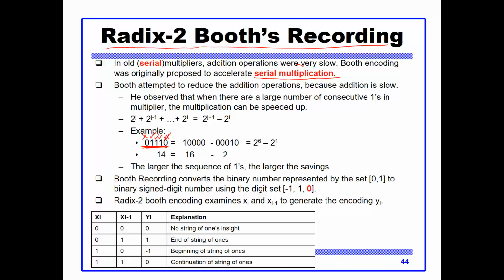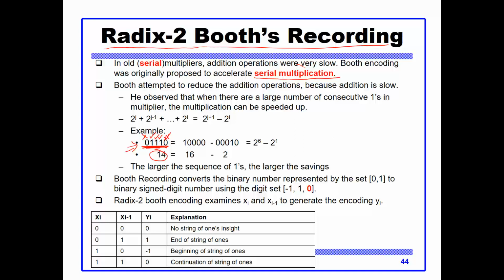Booth said, I can re-express this number in a different way. He noticed that this special series of ones equals the number 14. Now, this can be expressed as 16 minus 2.